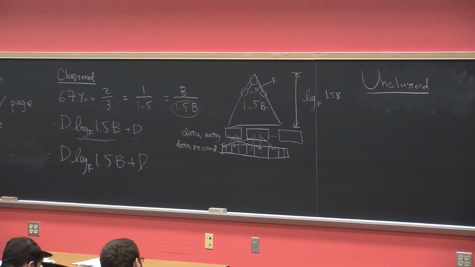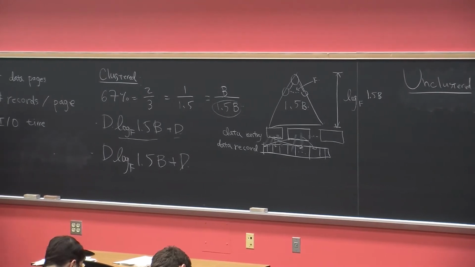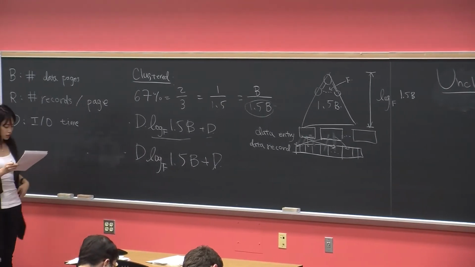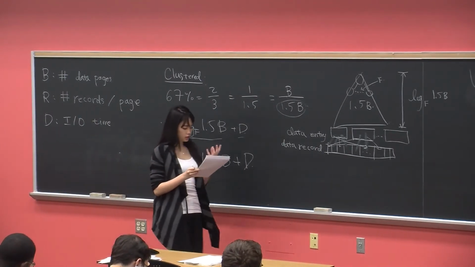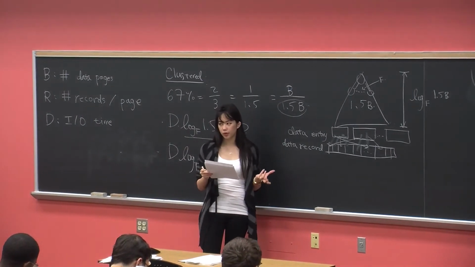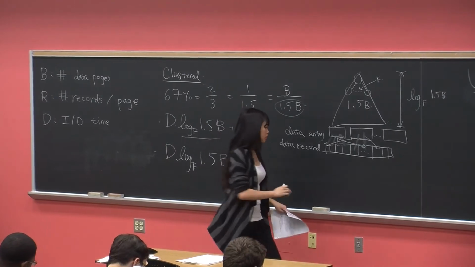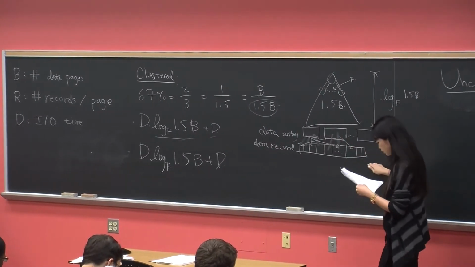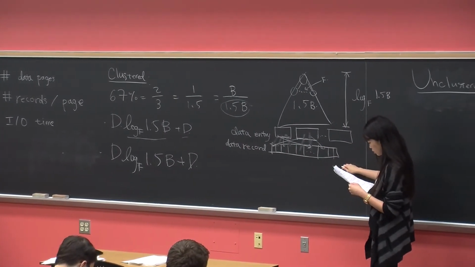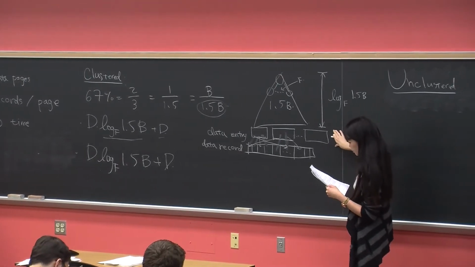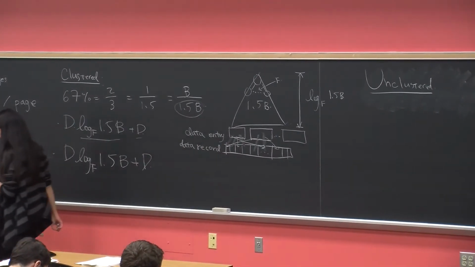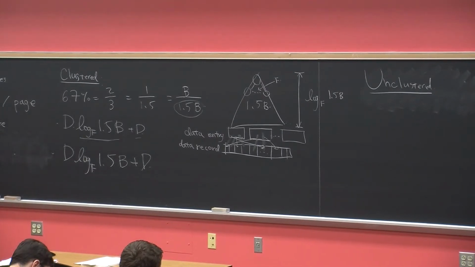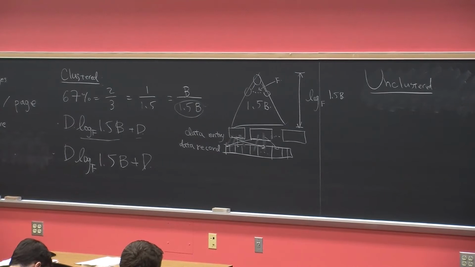Then if the data pages have 67% of occupancy, the number of leaf pages will be about 0.15B, right? So you can think of the number here. The number of leaf pages will be about that. Then the number of data entries on the page is around 6.7 R.